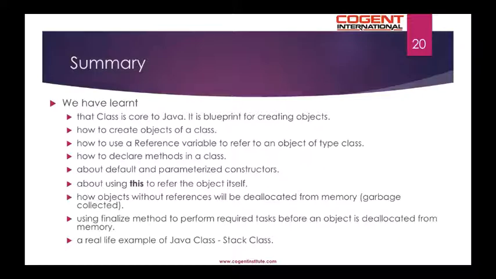We learned about the default and the parameterized constructors, about using this to refer to the object itself, how objects without references will be deallocated from memory, that is garbage collected, how the finalize method can be used to perform required tasks before an object is deallocated from memory, and a real life example of a Java class, which is the Stack class.